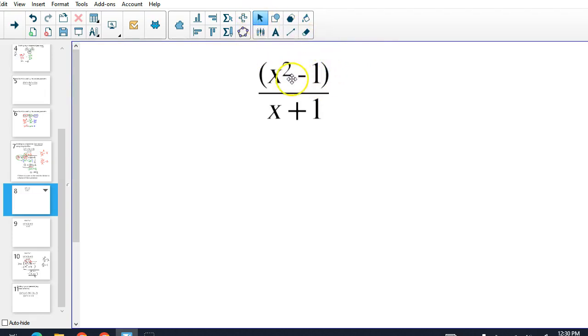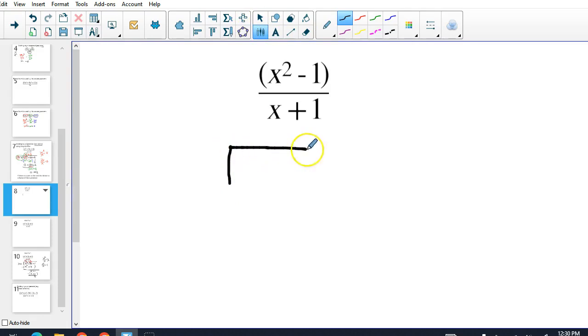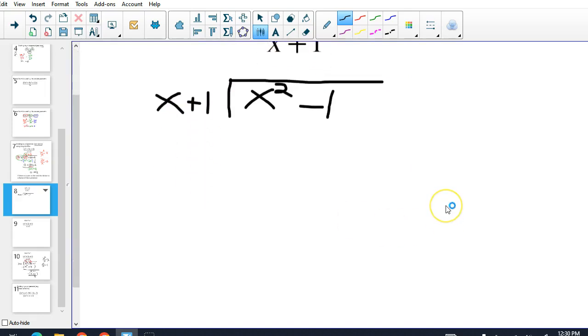So that kind of changes it, but not too much. So let's look at our equation again. We have our x squared minus 1, the numerator at the top, divided by x plus 1, or the denominator or divisor. Number goes on the outside.